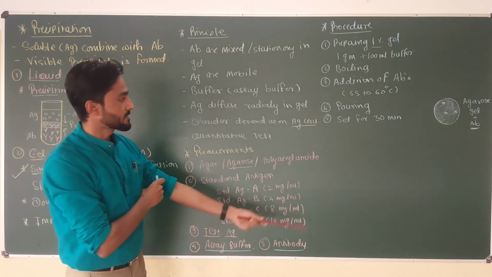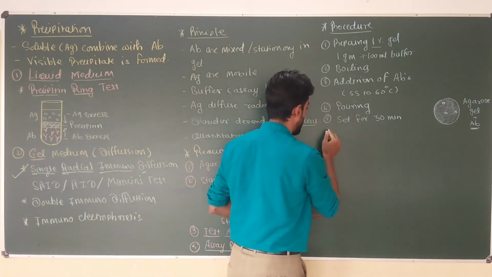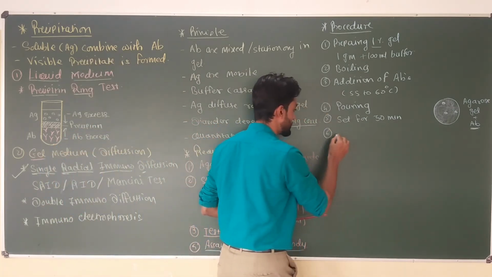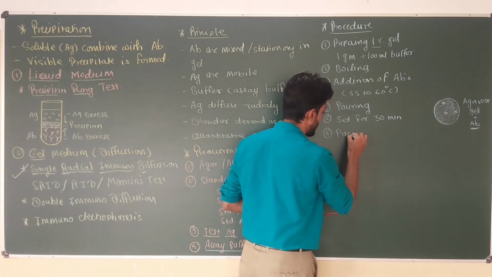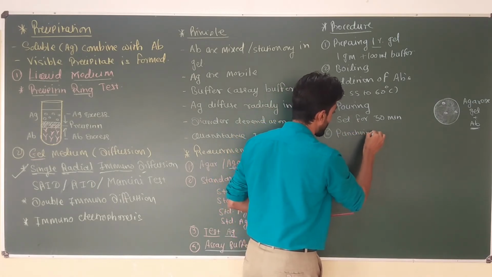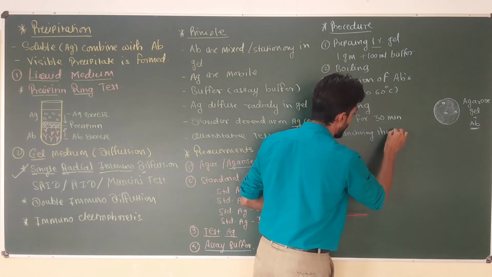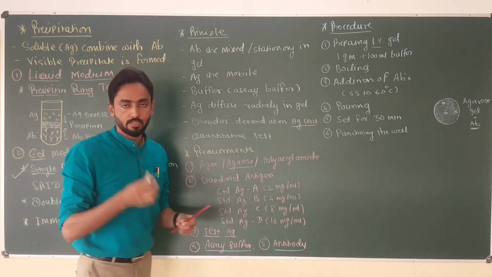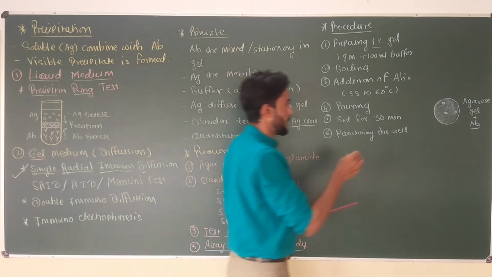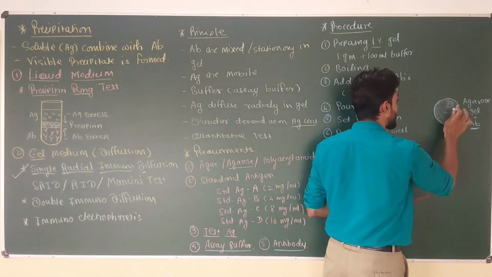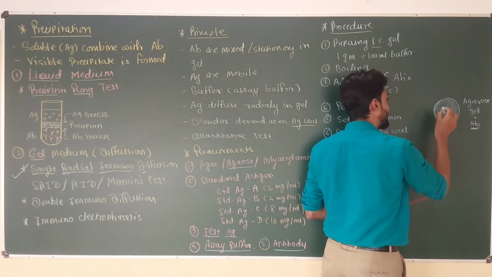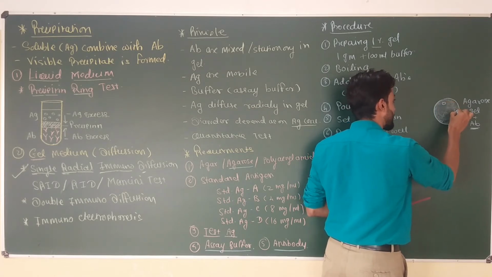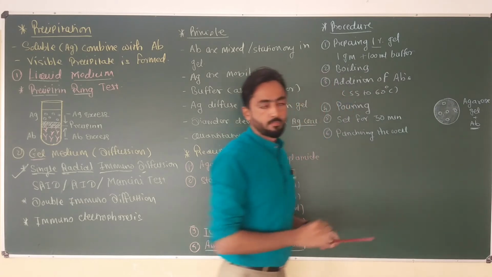The next step of the procedure is puncturing, or making a well or hole in the gel with the help of a gel puncture. I am going to make a well or hole in the Petri plate.